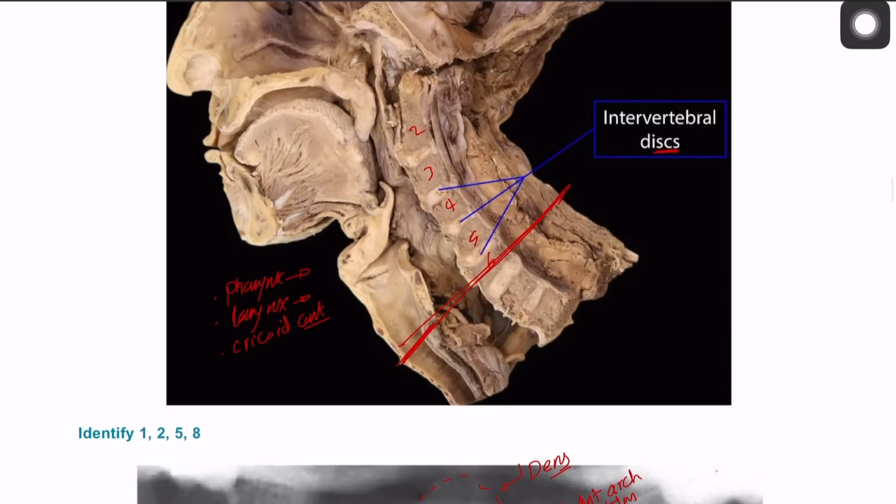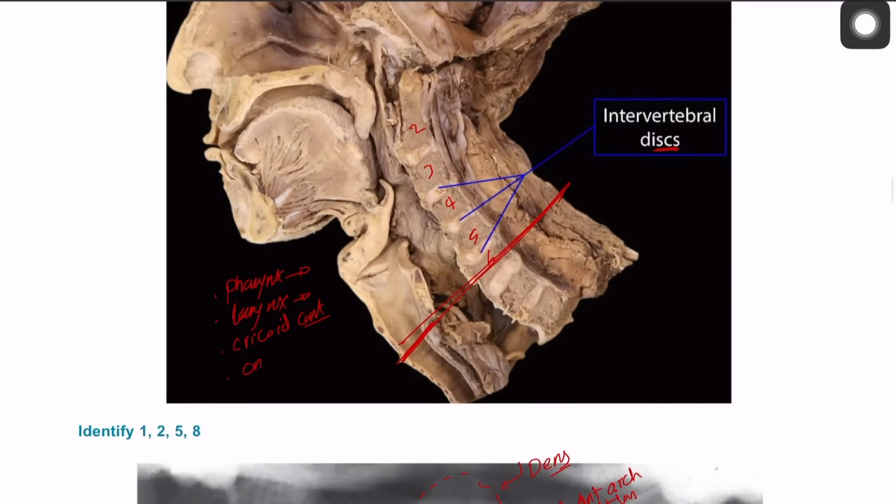Then I can't get the omohyoid in this section, so the omohyoid intermediate tendon will be there as well, and you have the thyroid, the middle thyroid vein, and the superior thyroid artery.